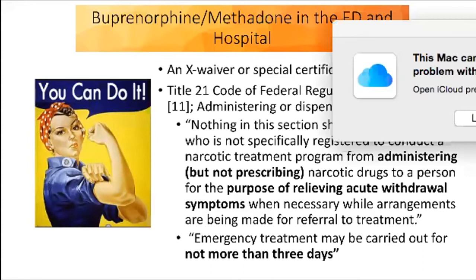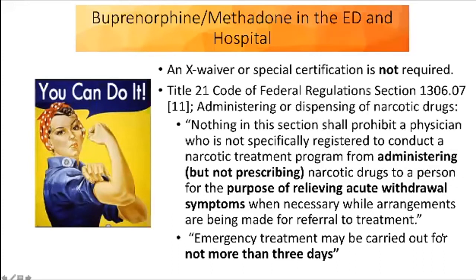On the bottom here, you can see emergency treatment may be carried out for not more than 3 days. So often there is a gap in care, say on the weekend, if there's not an X-waivered prescriber, or sometimes house staff are wary if they're able or legally allowed to prescribe buprenorphine. And the answer is yes, you can. While in the hospital, everyone is protected and eligible through the hospital DEA.